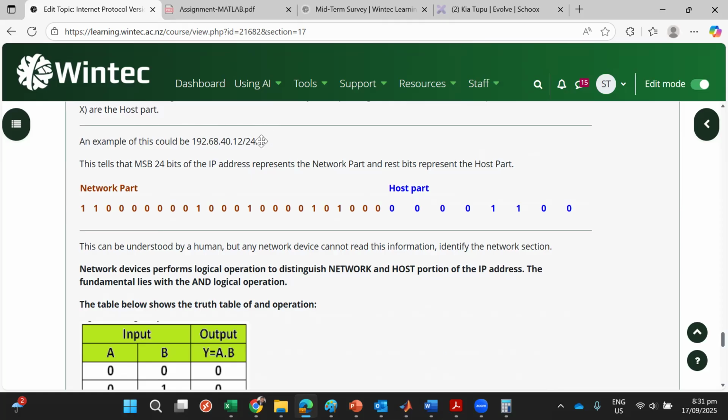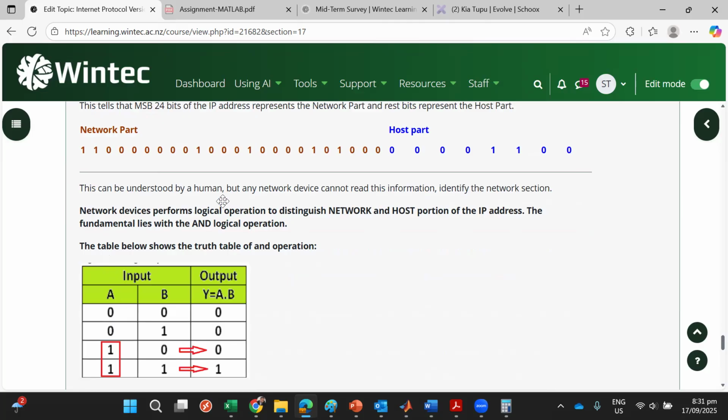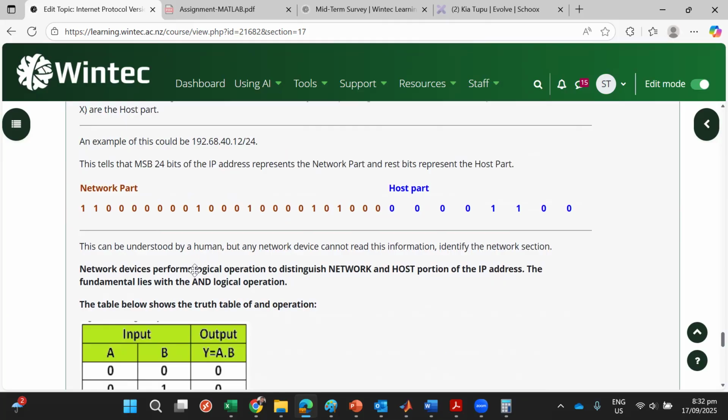This slash prefix is well represented for us to understand, but the network device, host, or the router will not be able to understand it. So instead, the network device actually performs a logical operation to distinguish the network part and the host part. And this logical operation is the AND operation.